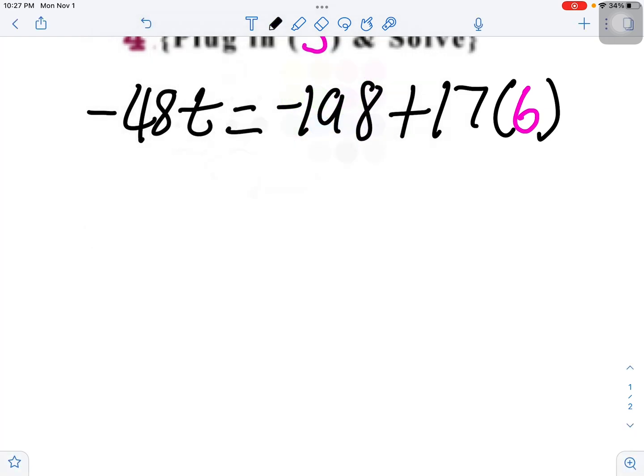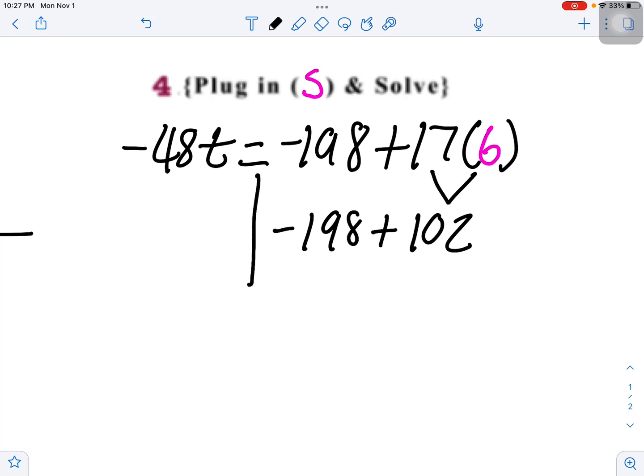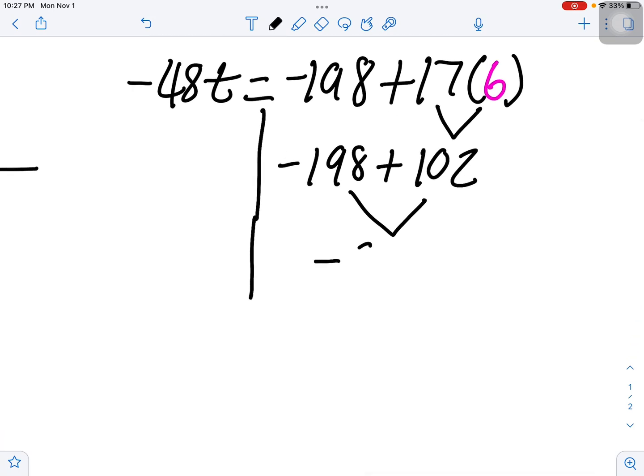So when I solve, I get 17 times 6 is 102 plus negative 198. And those two give me negative 96.